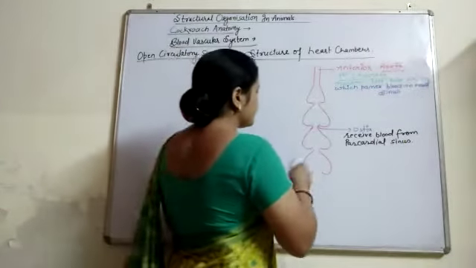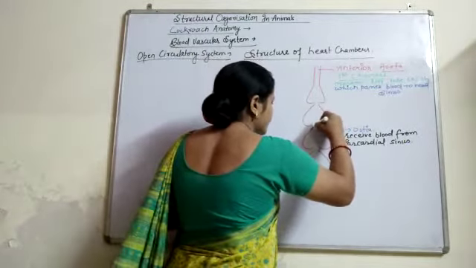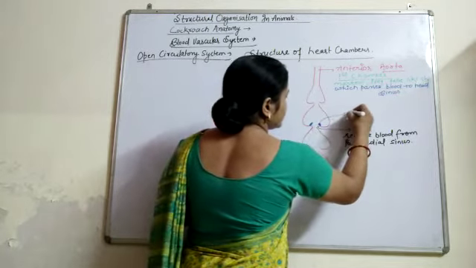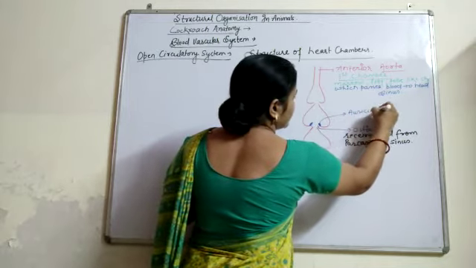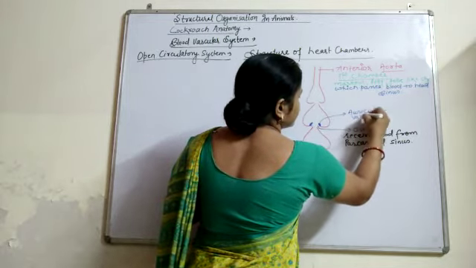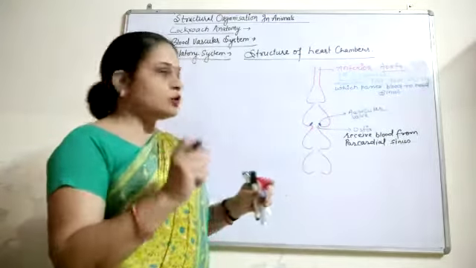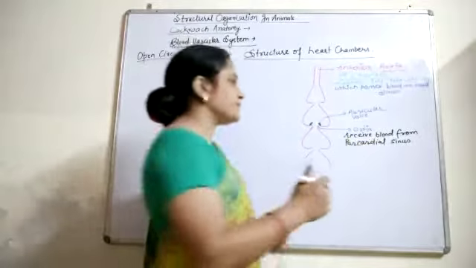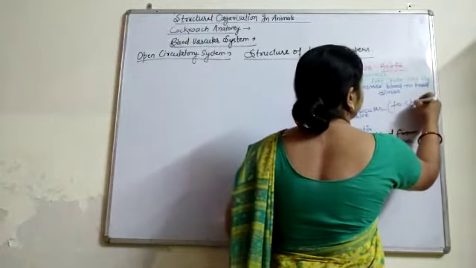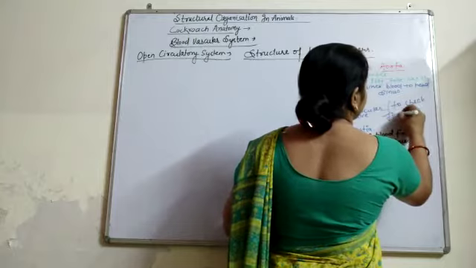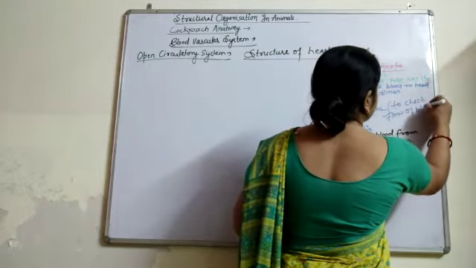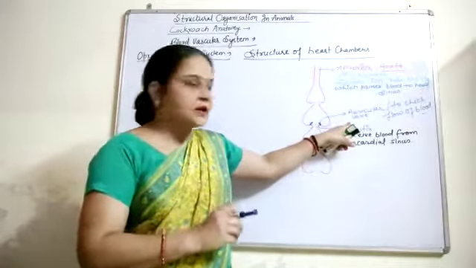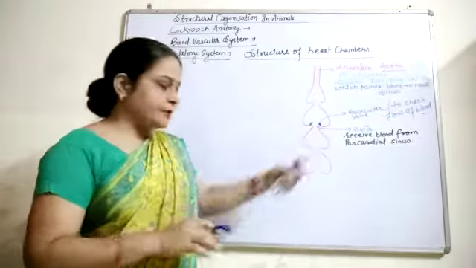The first valve, if we draw here, is known as the auricular valve. The opening of the ostia is guarded by this auricular valve, and its function is to check the flow of blood from the ostium part.